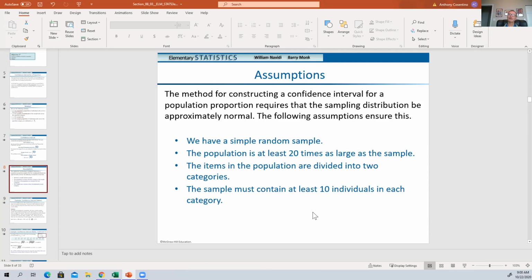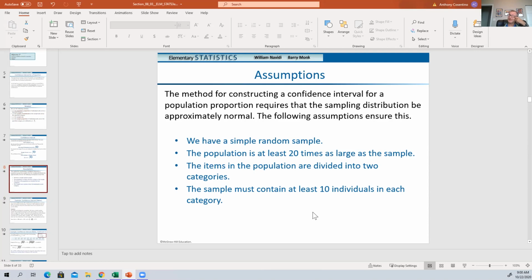In this one, we don't know how many total parents there are, but if you think about parents of kids between the ages of 5 and 18, there are way more than 800. Then the items in the population are divided into two categories.